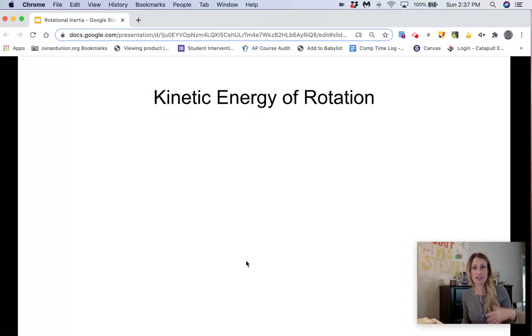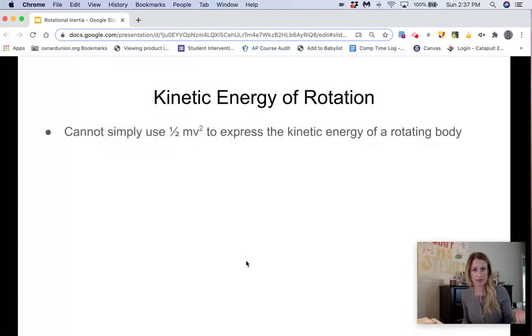So we know that kinetic energy is the energy of motion, right? So we can't simply use that 1/2 mv squared equation that we already know for kinetic energy to express the kinetic energy of a rotating body.